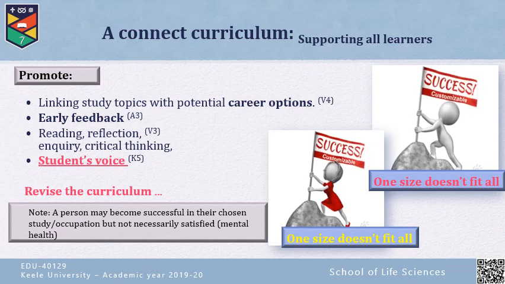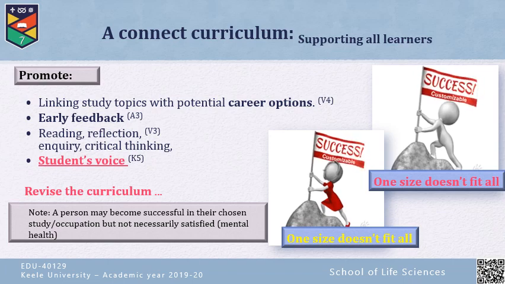Last but not least, our students might become successful in the eyes of society, have a good job, but they might not be happy and satisfied. Either not being successful or not being satisfied and happy or loving their job could lead to mental health disorders, something that has been extensively studied in recent years, and there's a large budget from the UK government to look into it.